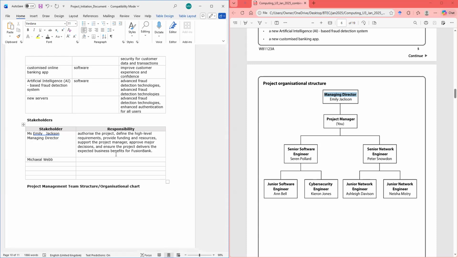What I'd ask you to do is to ensure you go over the purpose of the sponsor and the purpose of the project manager. You can use generics for those.